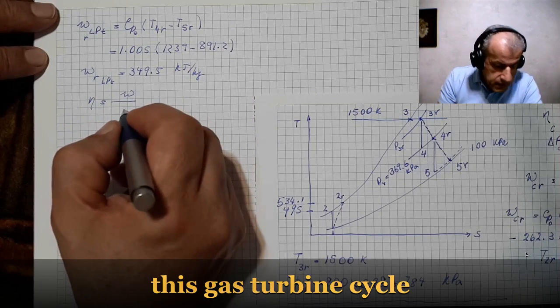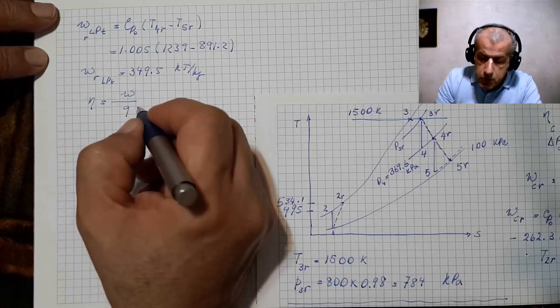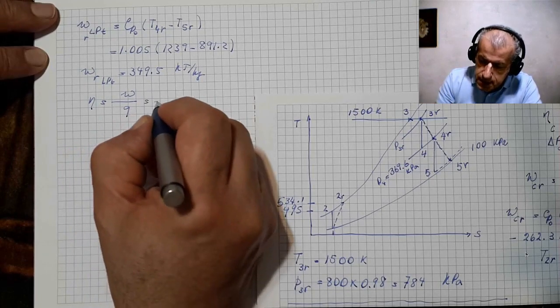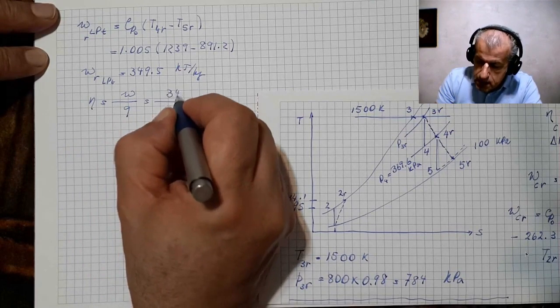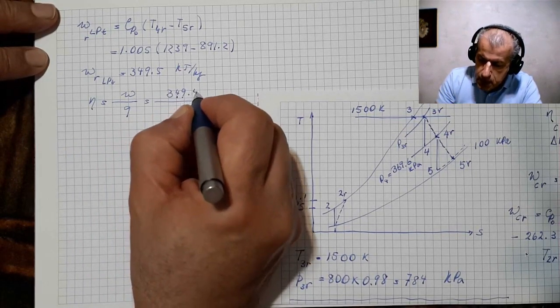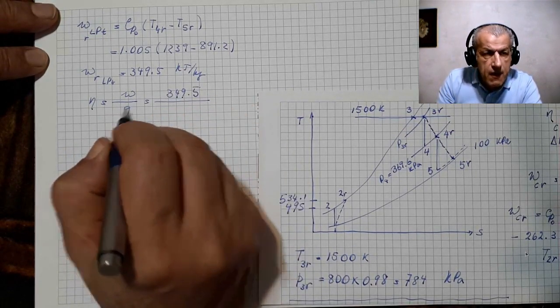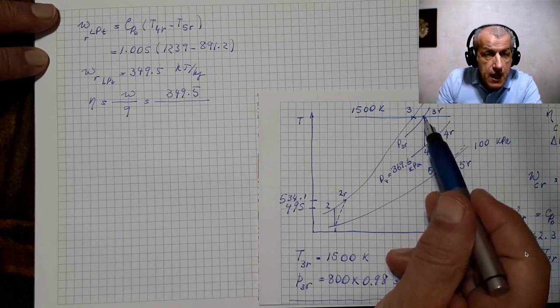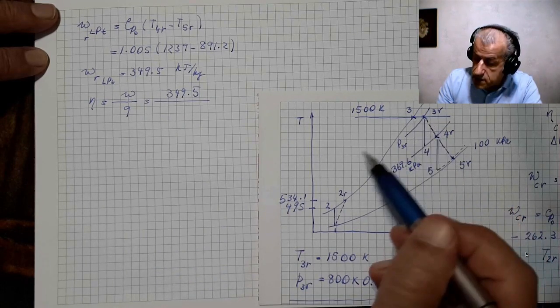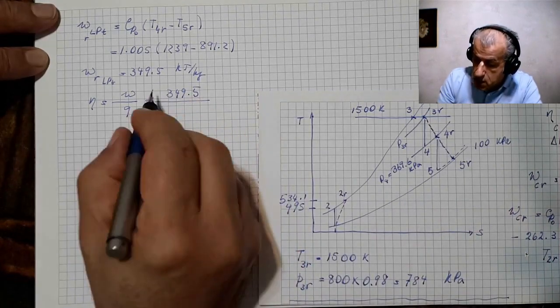The efficiency of this cycle, eta, equals the work of the power turbine divided by the heat provided. The work is just what we calculated, 349.5. The heat added to the cycle is CP0 times T3R minus T2R.